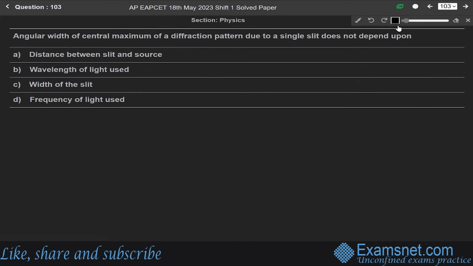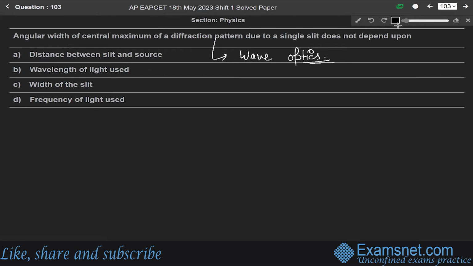Now next question 103. The angular width of central maximum of diffraction pattern due to a single slit does not depend on, okay. The question is from the chapter of wave optics and it is based on the diffraction pattern.